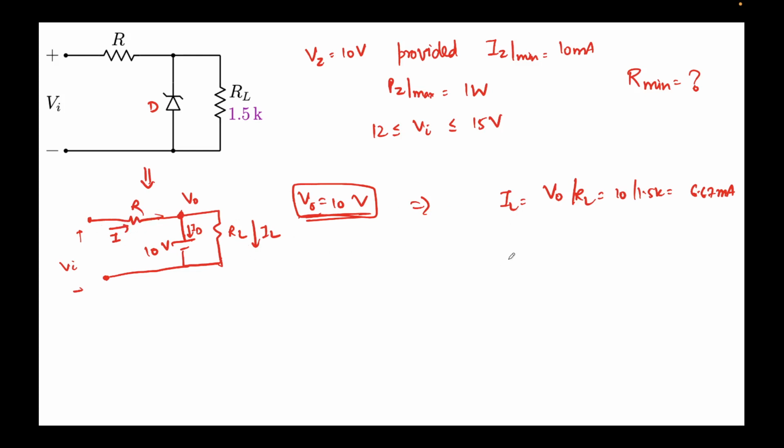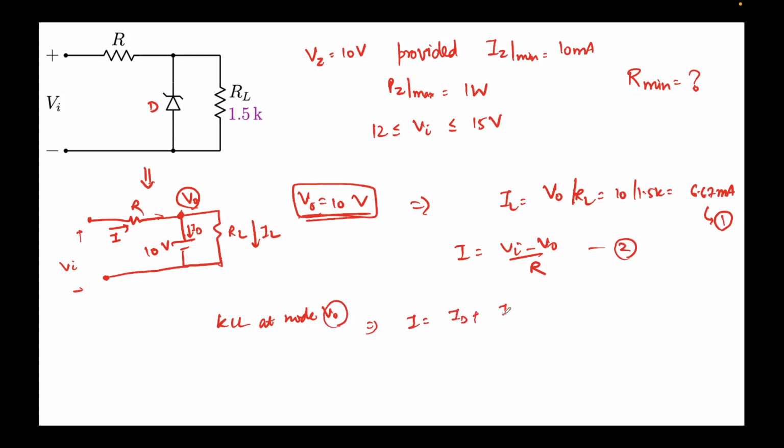Now let's try to find I. I can write I is equal to (Vi minus V0) over R, right? Let's call this expression 1 and this expression 2. If I apply KCL at node V0, the incoming current is I, which should equal the outgoing current, ID plus IL.